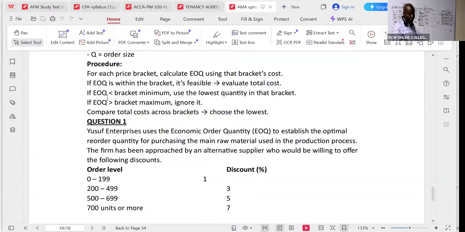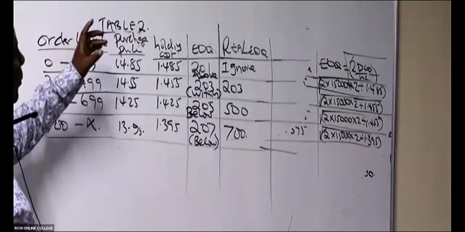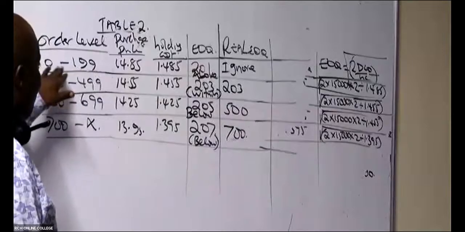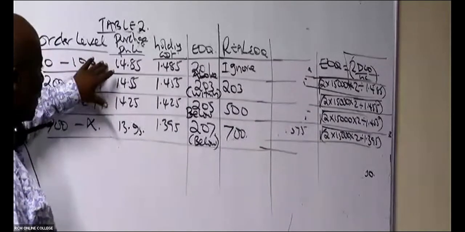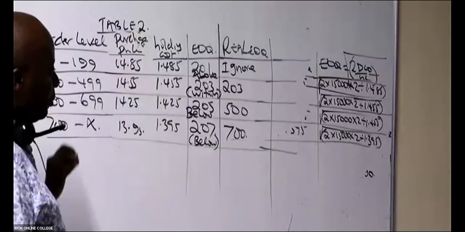If EOQ is less than the bracket minimum, use the lowest quantity in that bracket. If EOQ is more than the bracket maximum, ignore it. And that is what we have actually done here. The 201 we computed is more than this class. It's big. It can't fit in this shoe. So if it is more, then we ignore.